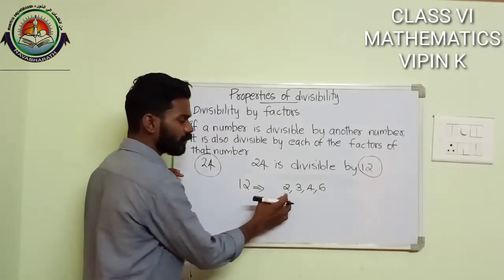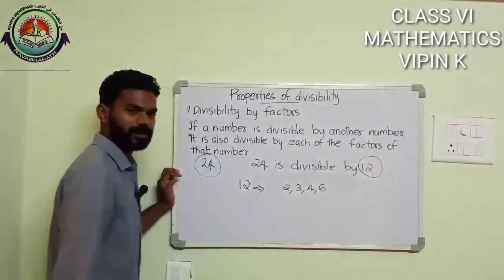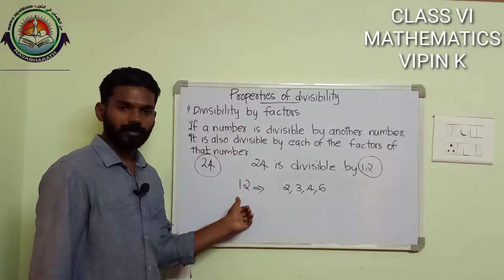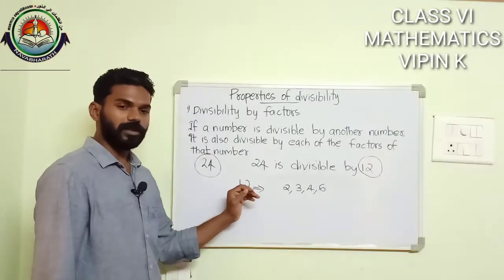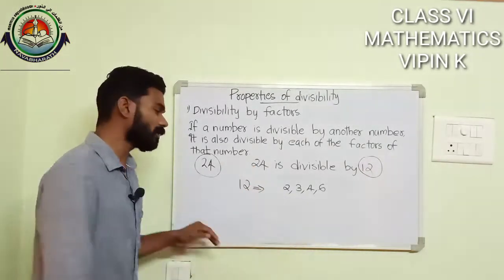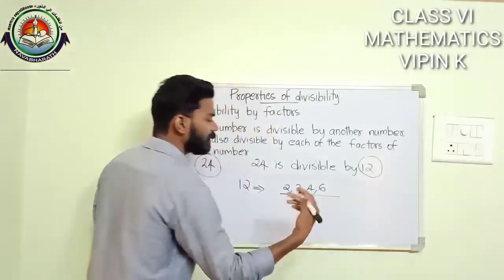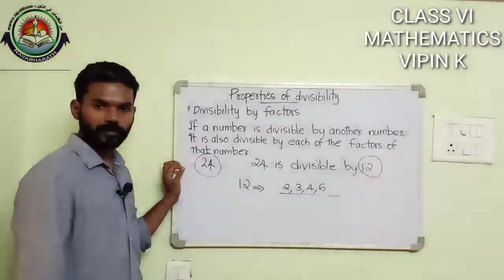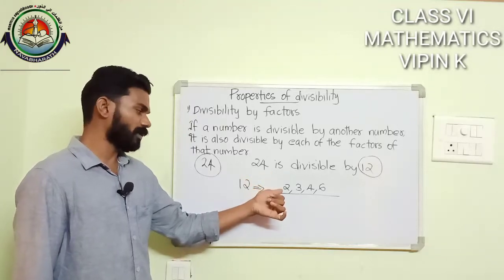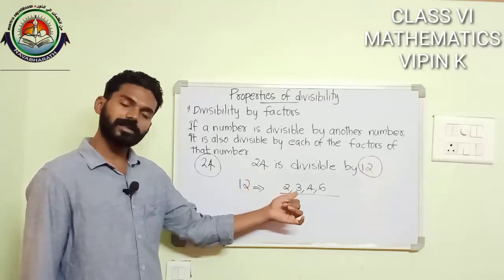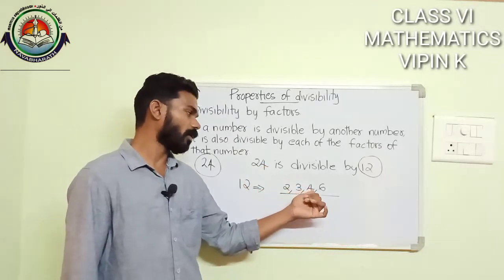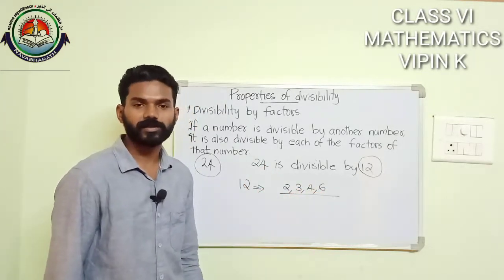Now consider these 2, 3, 4 and 6, which are the factors of 12, and hence the number 24 is also divisible by all these factors. We can say that the number 24 is divisible by 2, by 3, and by 4 and 6.